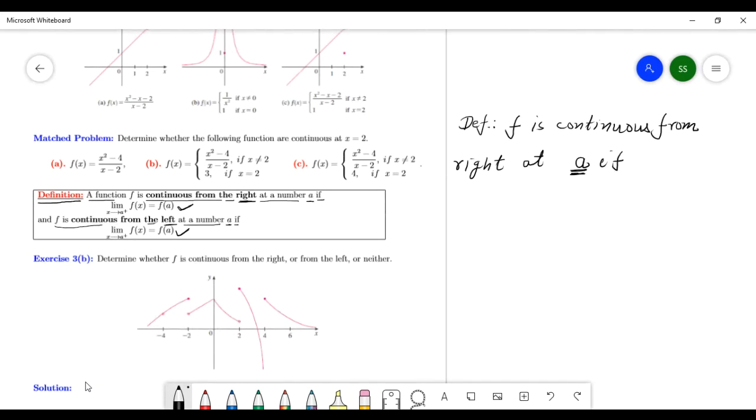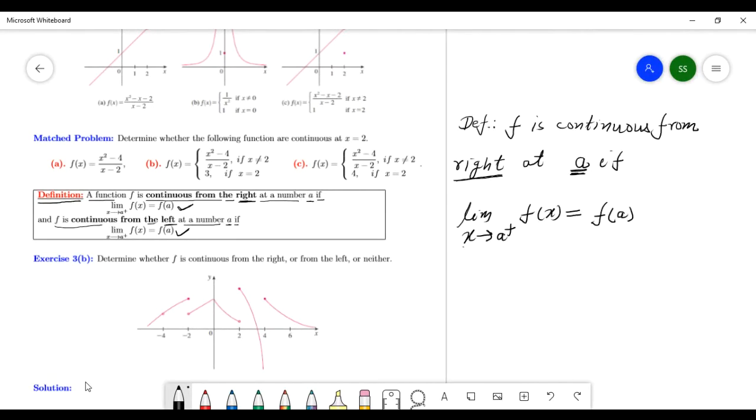So continuous from right, see this, the right limit: limit x goes to a plus of f(x), if this limit equals the value of the function f(a).